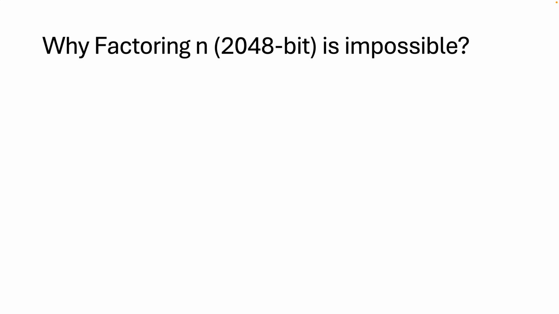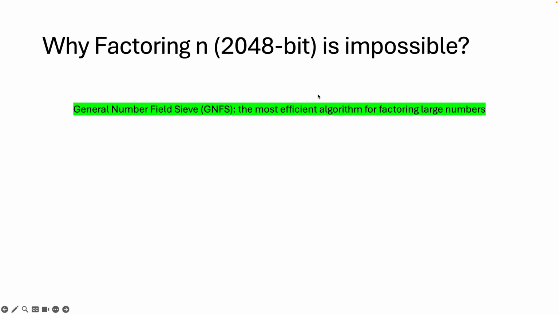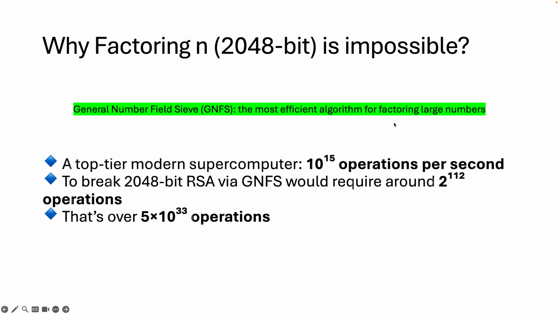And again, let's do a quick computation to see why factoring n, a 2048-bit RSA key, is impossible. Here, this is the most efficient algorithm for factoring large numbers in the world right now, GNFS. And the best supercomputer for human beings now can do 10 to the power of 15 operations per second.